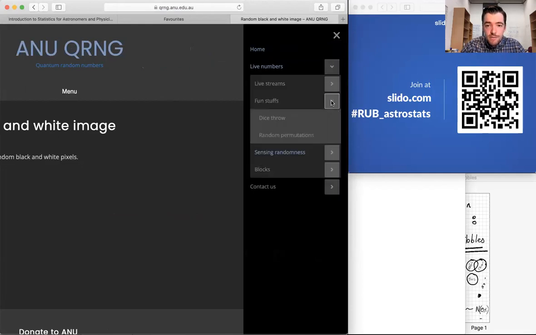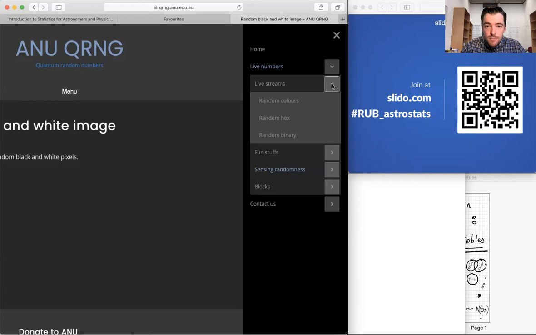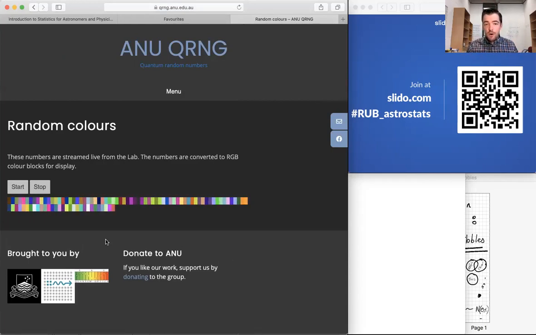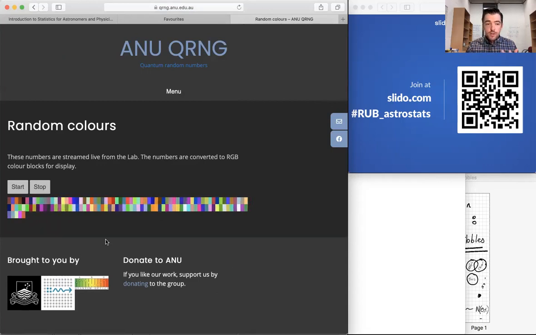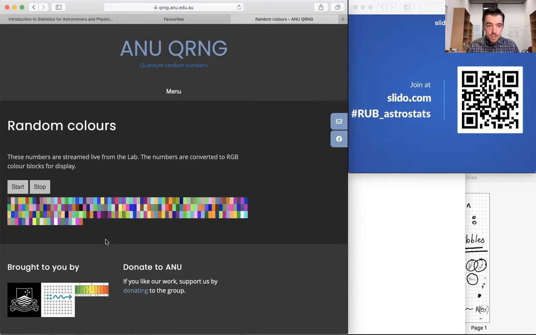They also have a bunch of live streams, random colors, and a bunch of ways of visualizing these things. So this is a great example of randomness. This is generated using the random numbers that they are measuring right now in the experiment.